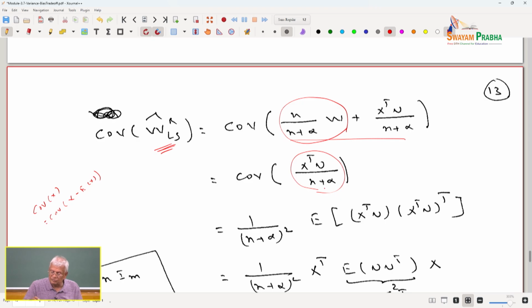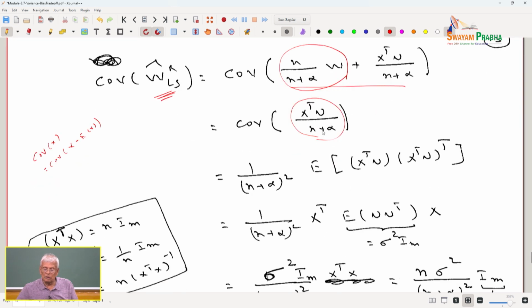If you multiply a random quantity by A, the covariance gets multiplied by A square. So the covariance is multiplied by 1 over (n plus alpha) whole square, times the expected value of this times that.